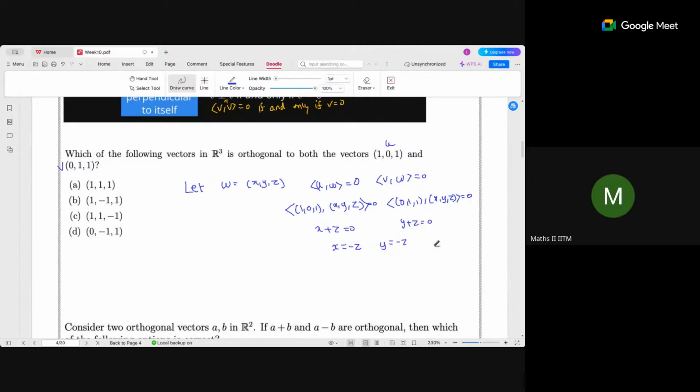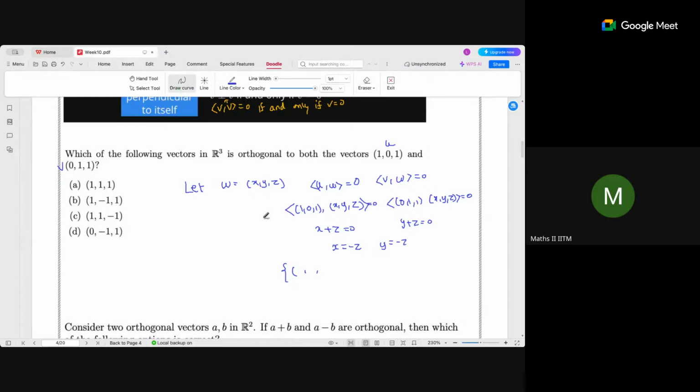So it means, if we put z equal to 1, then we get (-1, -1, 1). Or if you want to write the general form, let's put alpha for z.